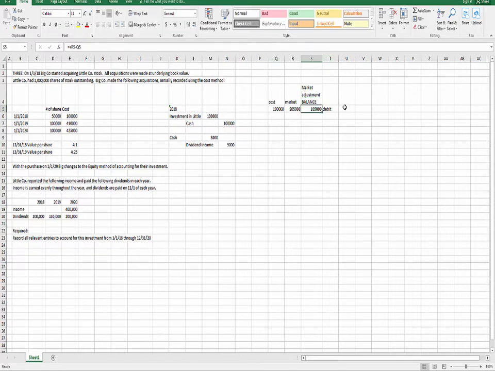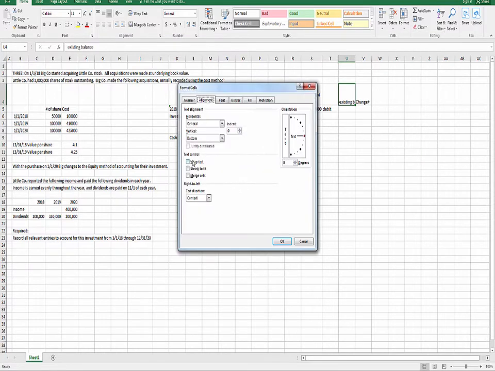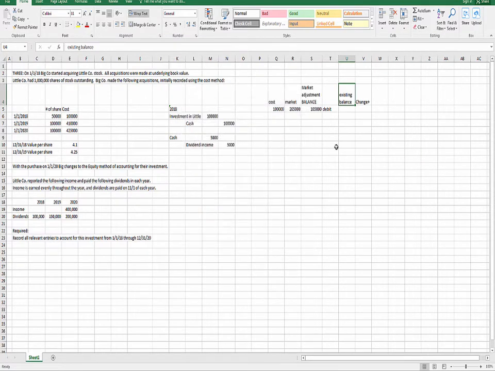The existing balance is 0. So the change, we're going to need to record that $105,000 debit balance.